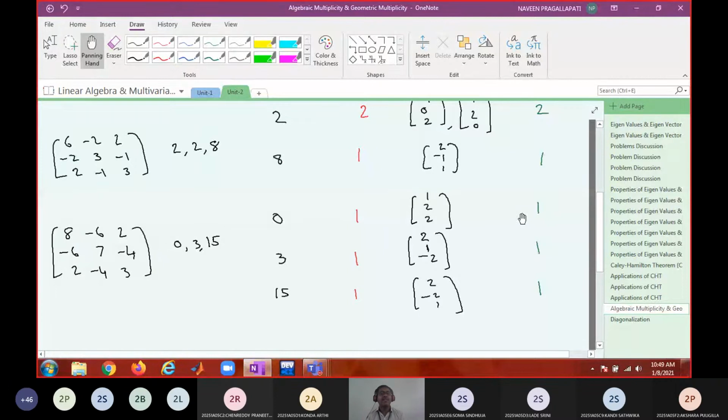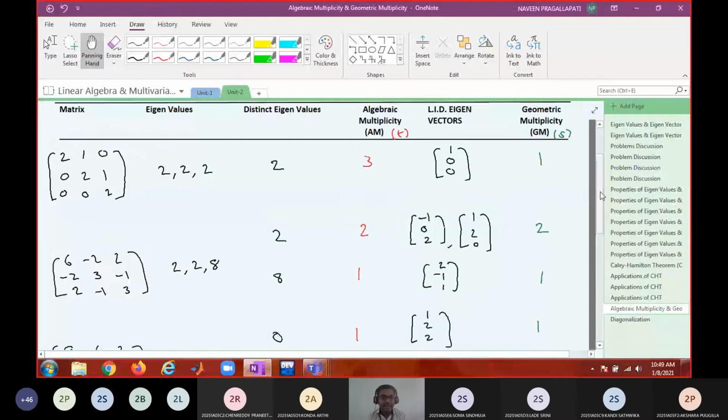So when algebraic multiplicity is 1, geometric multiplicity also has to be equal to 1. Therefore, when all the eigenvalues are distinct, you are very much sure that you will get n linearly independent eigenvectors.